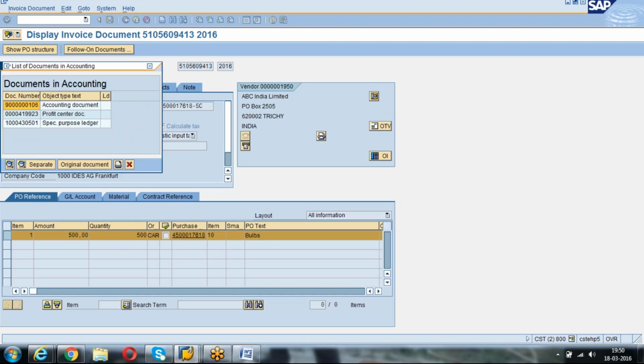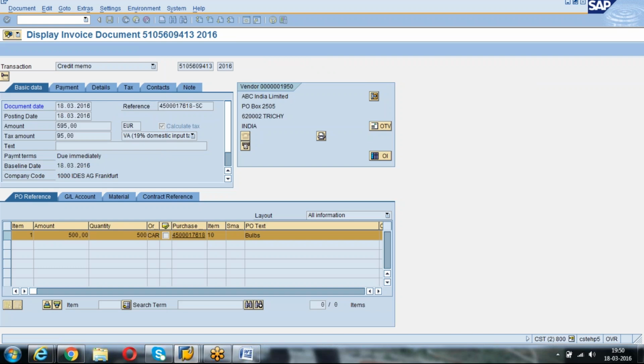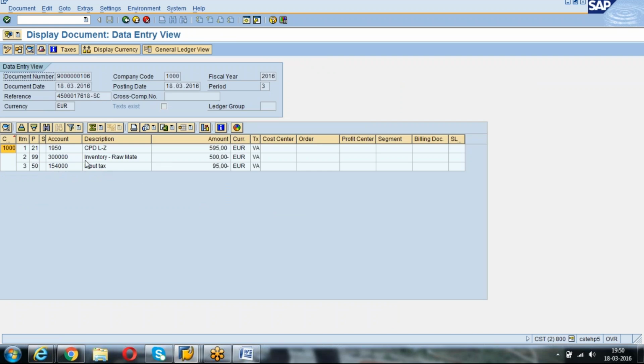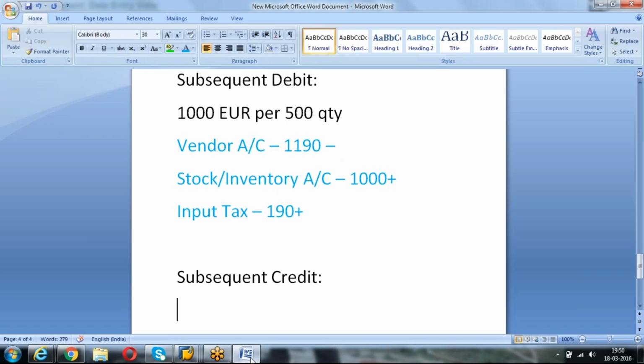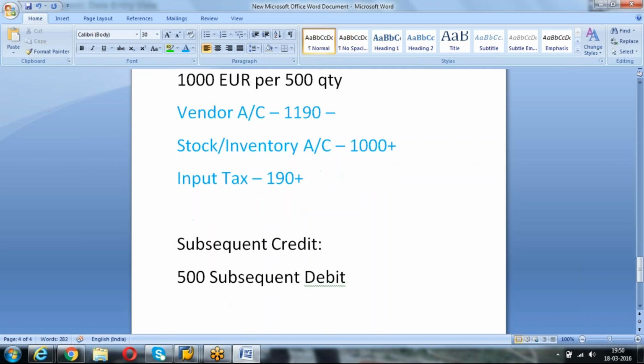See the following documents. See that vendor account, 595 debit, you are sending 500. 500 you want to send as a subsequent credit. What are the accounting entries?